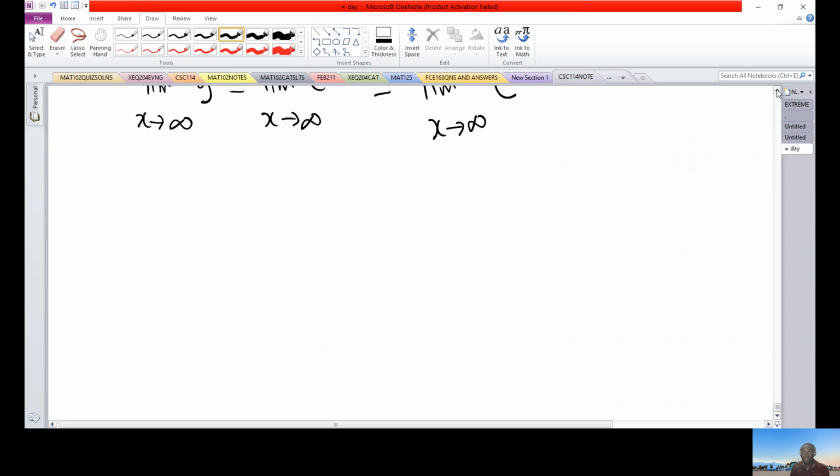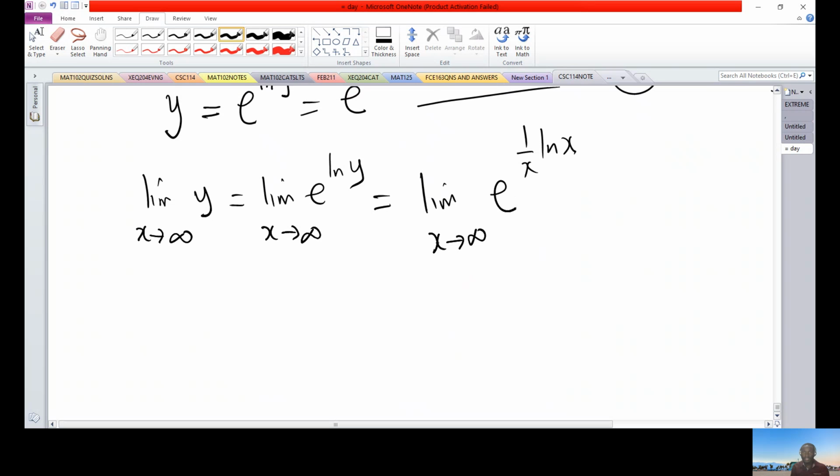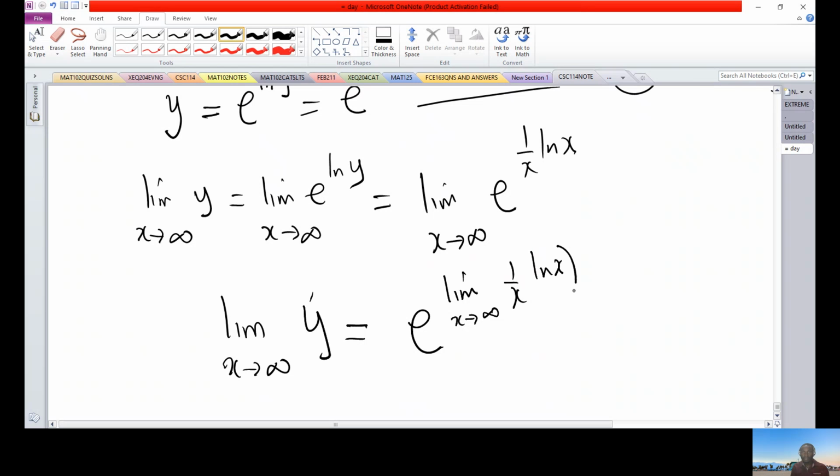And then you remember that this can be written as, we have the limit as x approaches infinity of y will be given by e raised to the power of the limit as x approaches infinity of 1 over x ln of x.